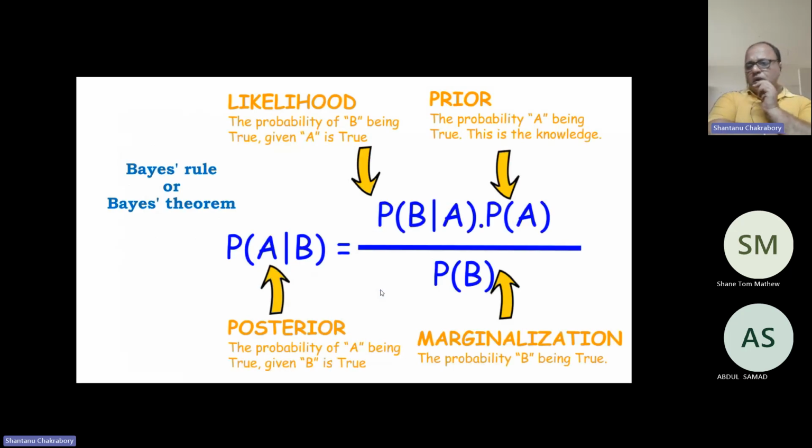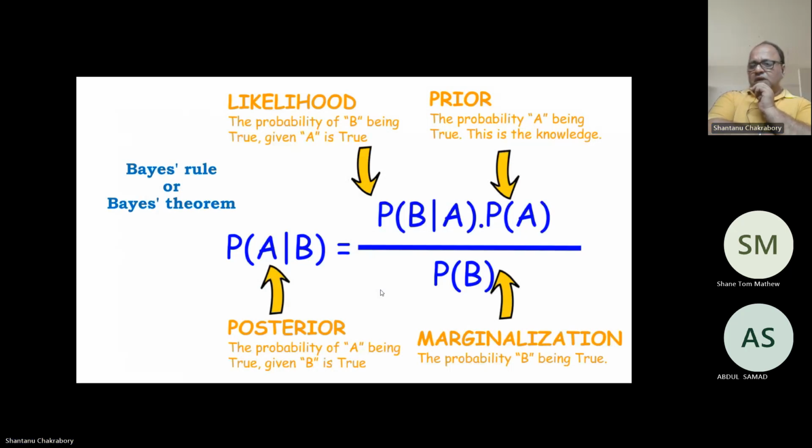The Bayes theorem gives you the likelihood of a particular event being true given that A is true. P of A is the probability of event A being true. P of B is the marginalization, the probability of event B. And P of A given B is the posterior probability, the probability of event A being true given event B has already occurred.